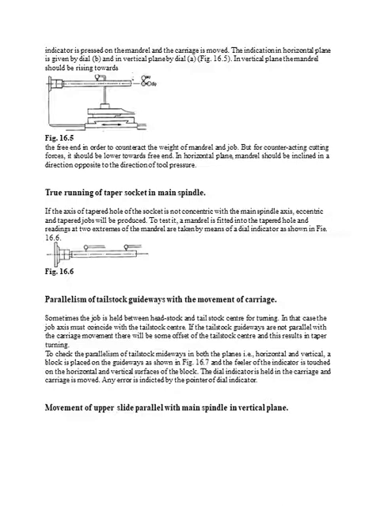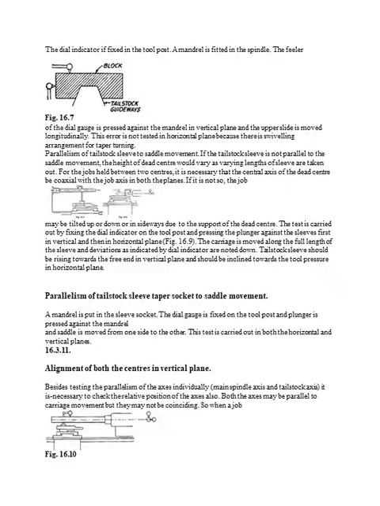Okay. Next, we are going to the parallelism of tailstock guideways with the movement of the saddle. This is the tailstock guideways, over which a block with matching internal guideways is placed, so both will match.